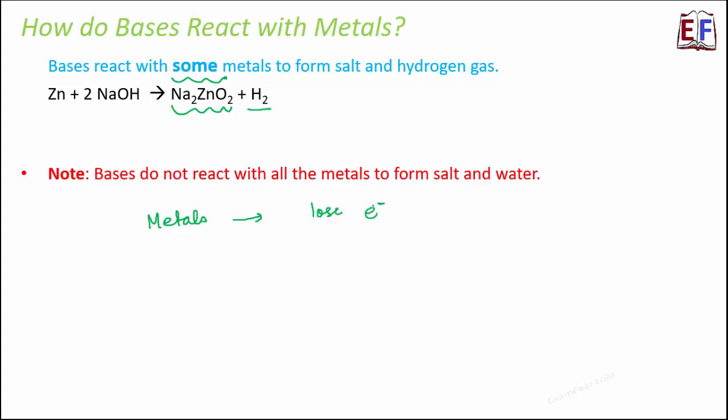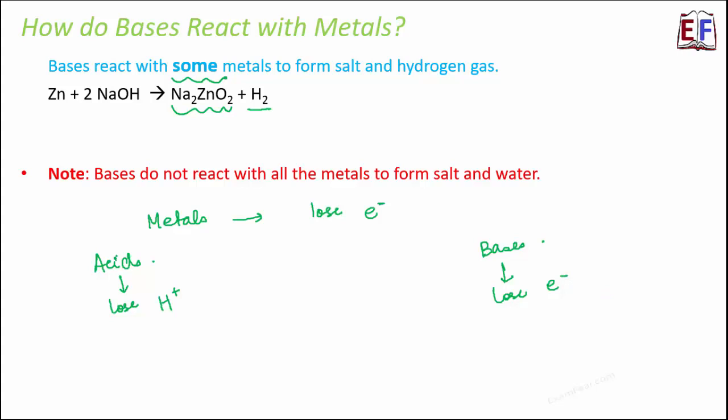All metals have a tendency to lose electrons. Correct? Now, what is the tendency of acids? Acids have a tendency to lose H plus ions. What about bases? Bases have a tendency to lose electrons or to gain H plus ions.